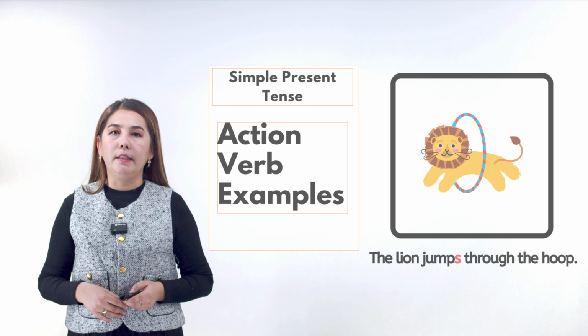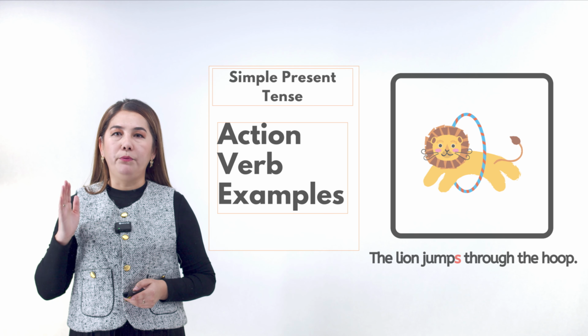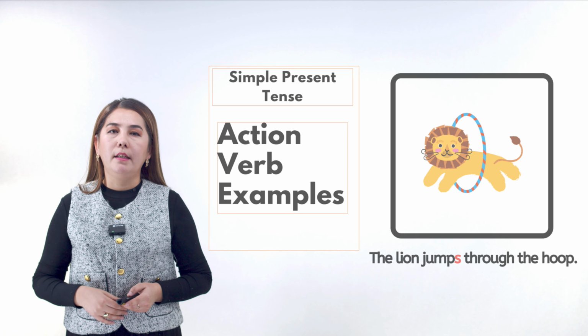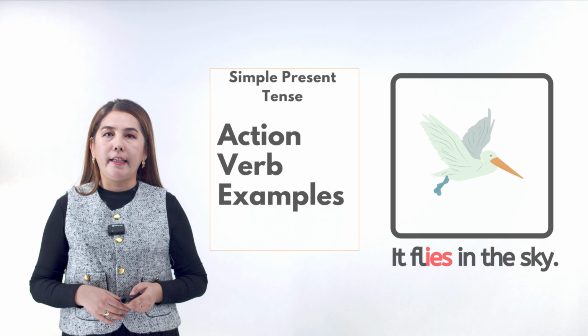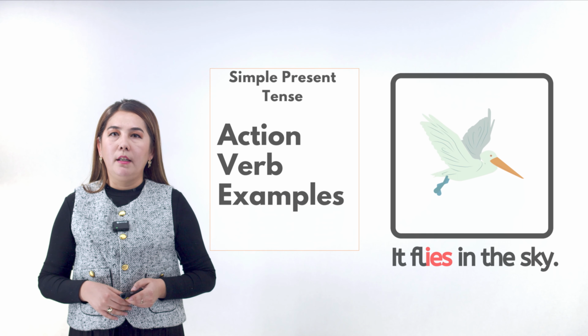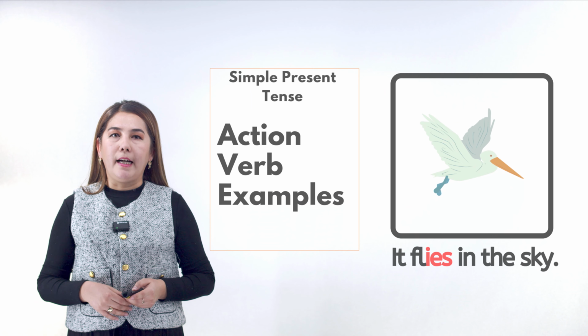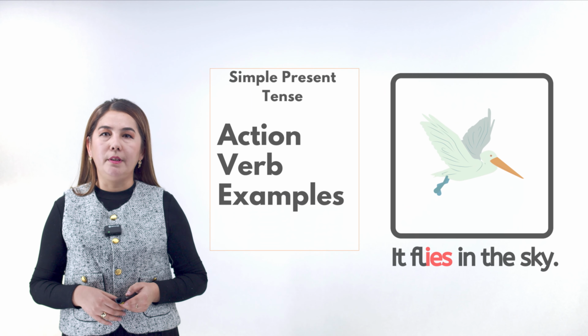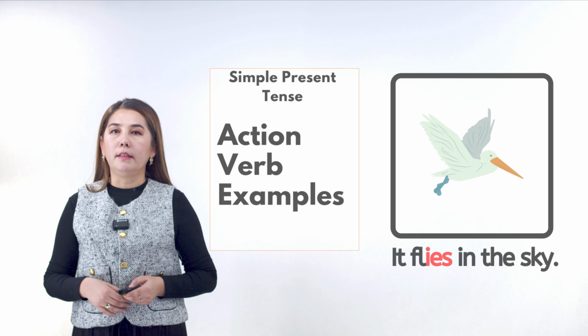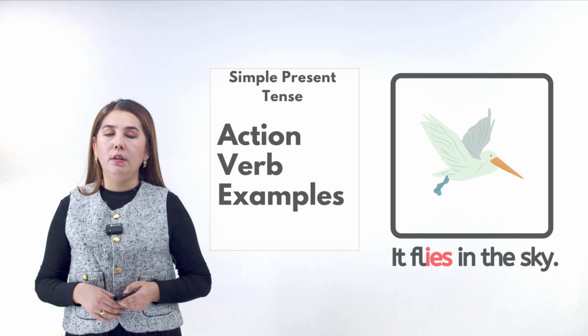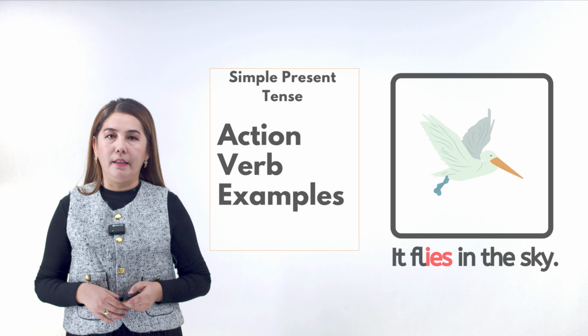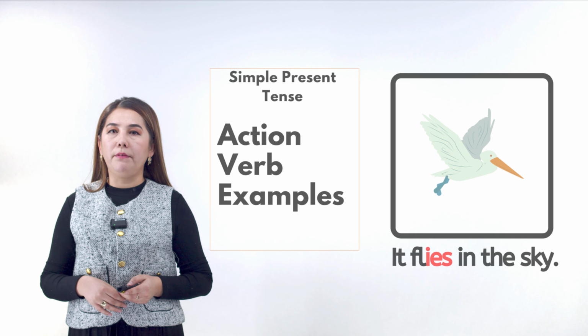Jump is the root of the verb. The next sentence: it flies in the sky. For example, the bird. The bird equals the subject it. So, as I told you, the root of the verb is fly.